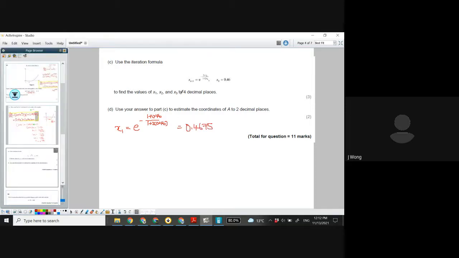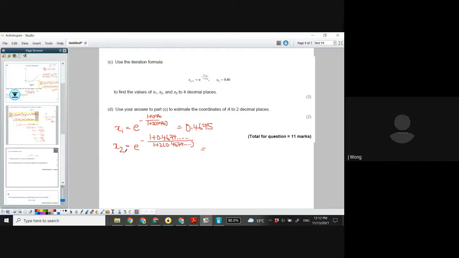Because they not only want x3 to be 4 decimal places, they want each individually to be 4 decimal places. And so you're just going to use e to the minus 1 plus 0.4674, with dots indicating you're using that number for the next round, because that's how the reiteration formula works.